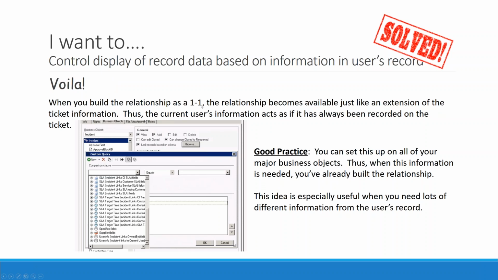And when I built that relationship as a one-to-one, that relationship becomes available just like an extension of the ticket information. So now if we look down here at the bottom, here's my user info, and it says user info links to current user. And so I can now use any of the fields that have been defined on my user info record and then compare it to something that's in the ticket, or compare it to some other expression, or whatever I'd like.